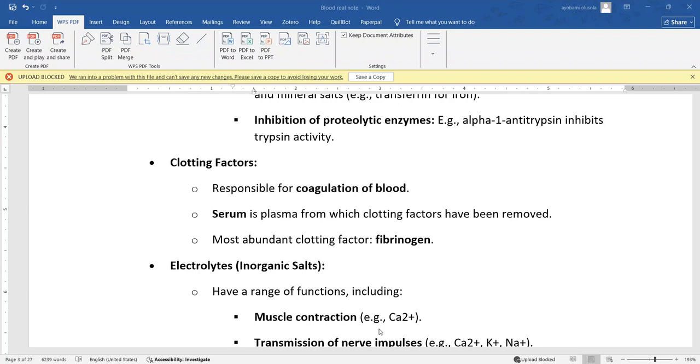The only difference is just that from serum, the clotting factor has been removed. So there's no clotting factor in serum. There's no fibrinogen in serum, which is the most abundant clotting factor.